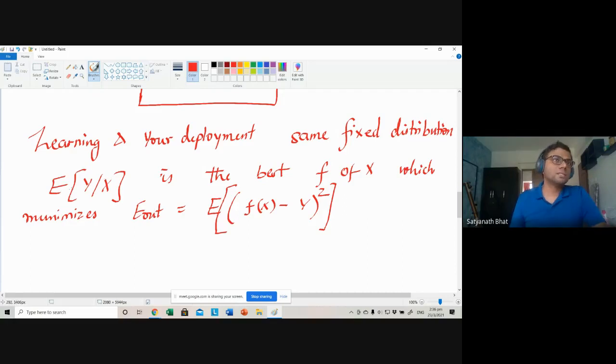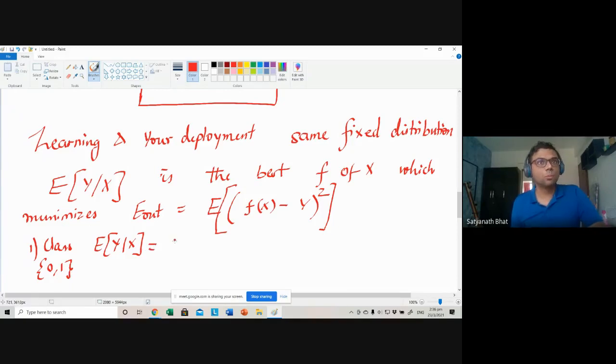To test this in the midterm, one question was just a simple application of that, and I asked you to compute E of y given x. So you have seen this. I hope you have understood it. For classification, where the labels are 0, 1, E of y given x is equal to the posterior probability, q1 of x.